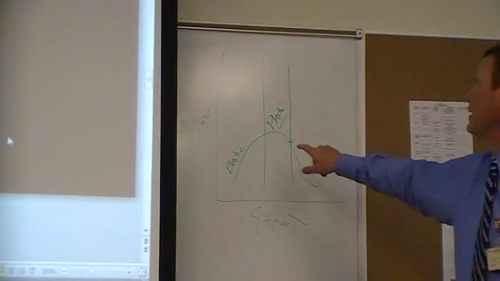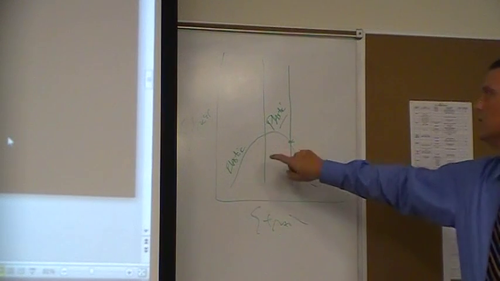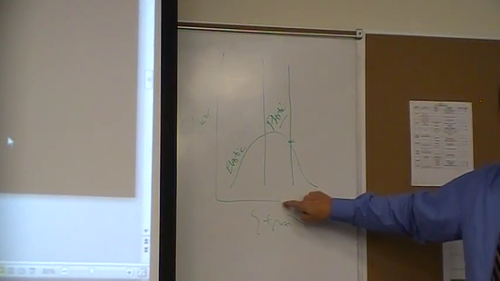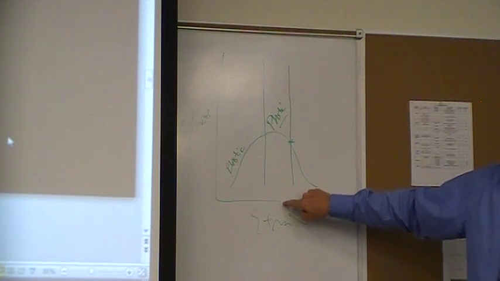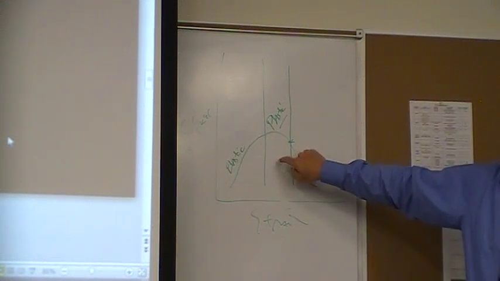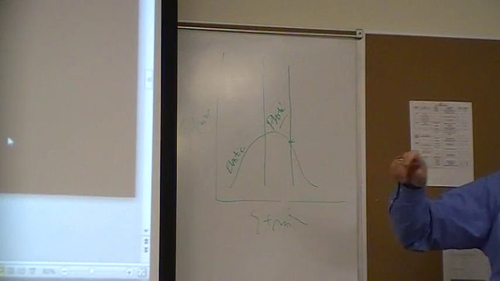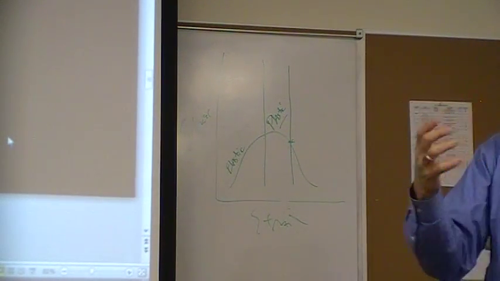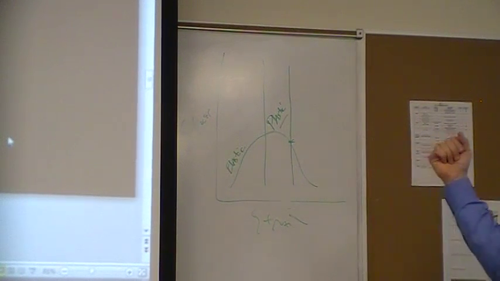I'm trying to make a plastic change. I increase stress, so strain is going to occur, okay? So I'm trying to make a change at that joint surface, at the connective tissue around it, at the ligaments. I'm trying to gain motion here, okay?